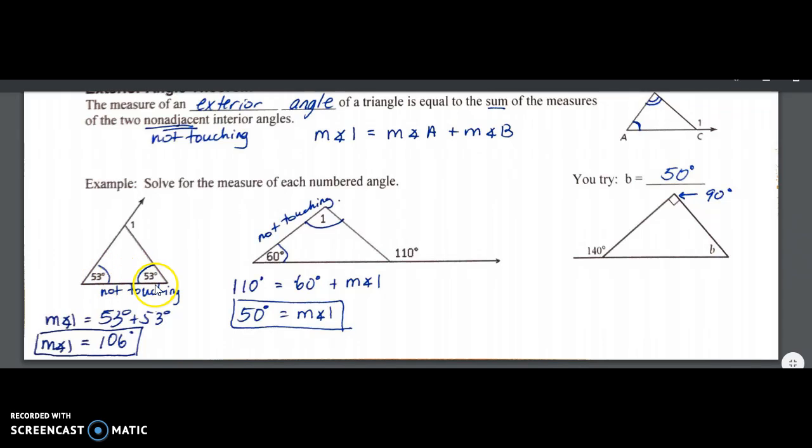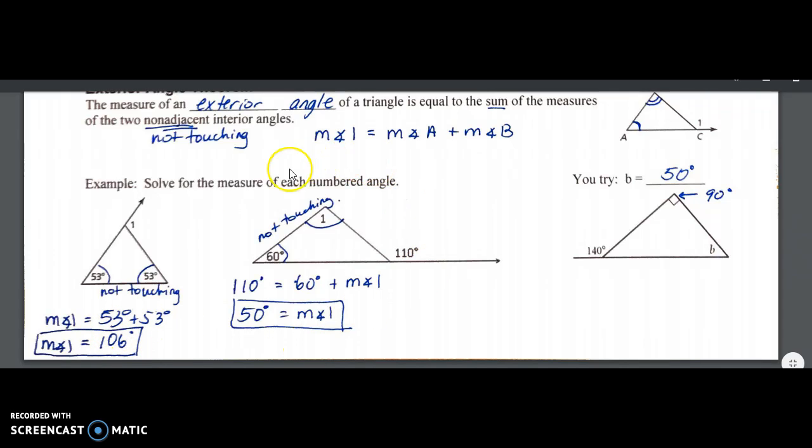Now, these two angles can be added together because they are not touching angle 1 here. Notice they are fully across from it, nowhere near it. It's not the angle that's next to angle 1. And so the measure of angle 1, our exterior angle, is simply equal to 53 degrees plus 53 degrees, which equals 106 degrees. So the measure of this exterior angle, angle 1, is 106 degrees.